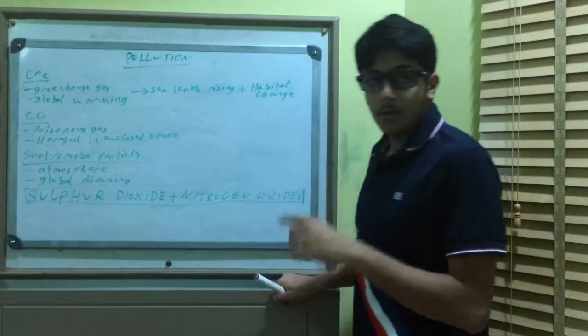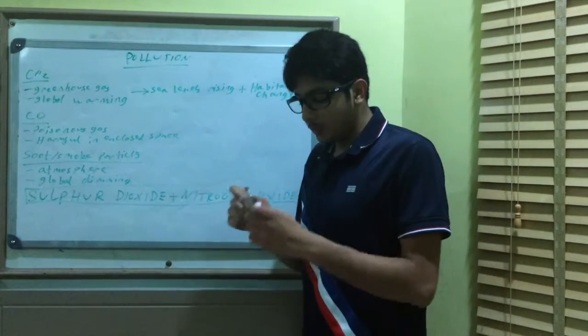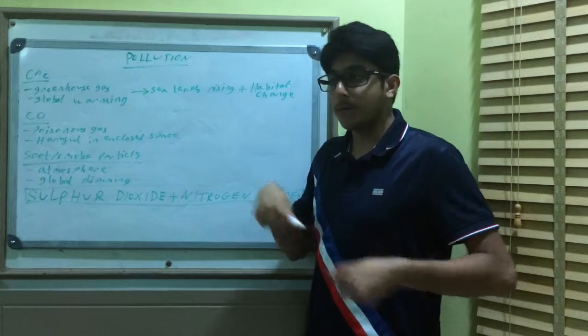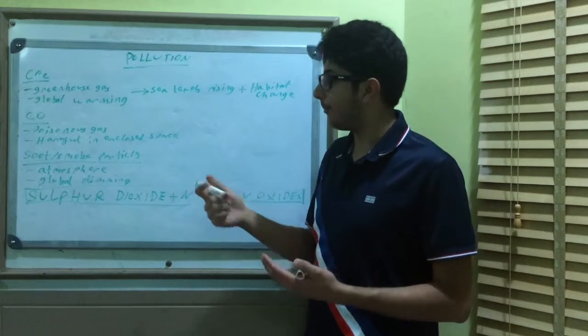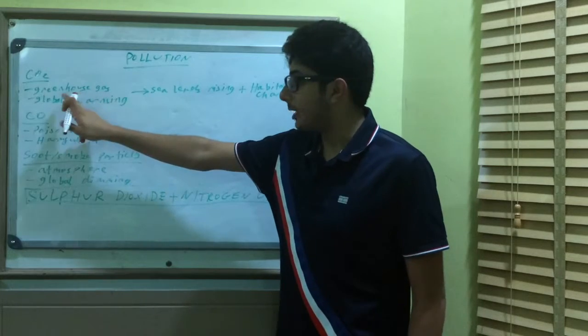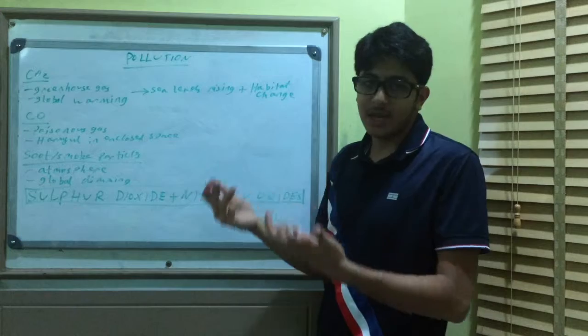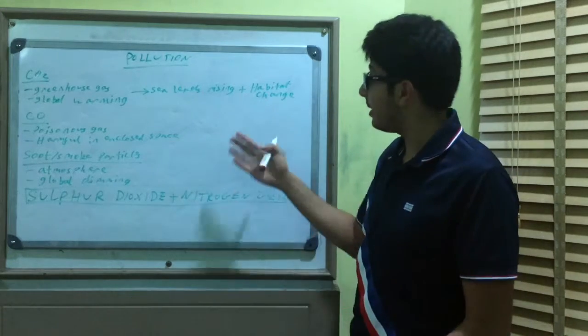Next, last part, pollution. When we burn hydrocarbons, we release pollution to the atmosphere. Carbon dioxide is a greenhouse gas, leads to global warming, sea levels rising, habitat change, ice caps melting, polar bears have nowhere to live.